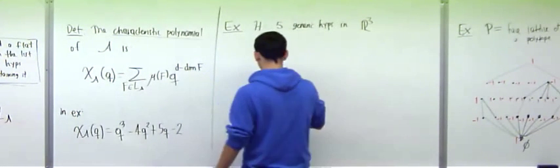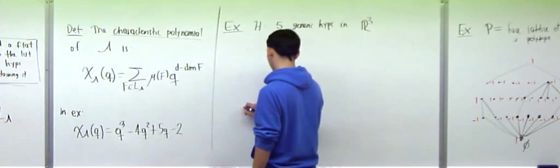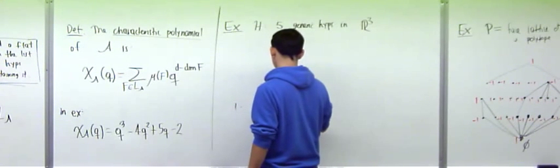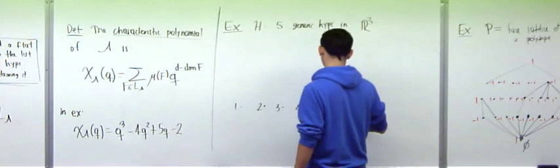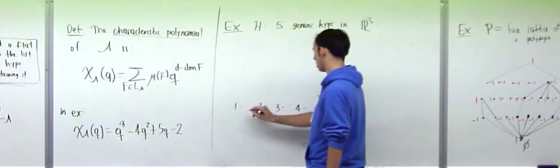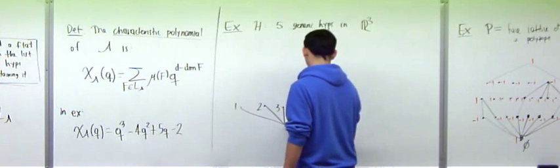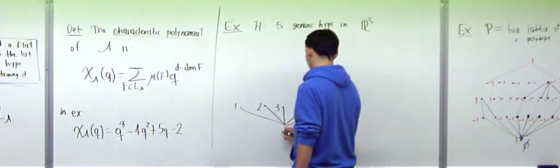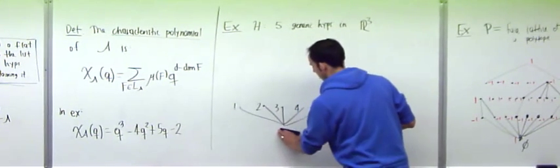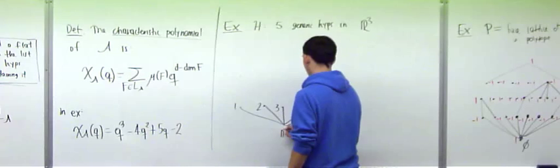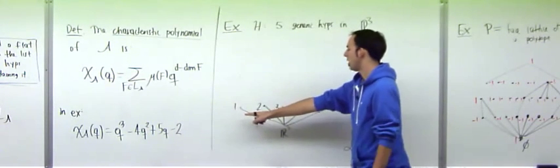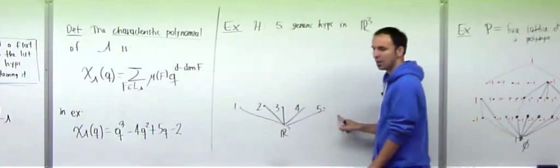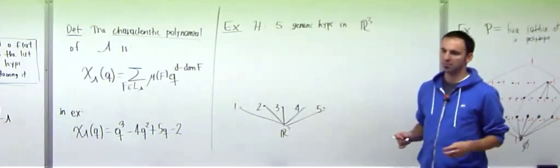So let's call them 1, 2, 3, 4, and 5. So what does this poset look like? Remember this represents R3. These represent the 5 hyperplanes, and now let's start intersecting them.